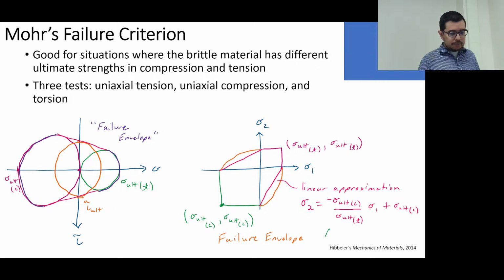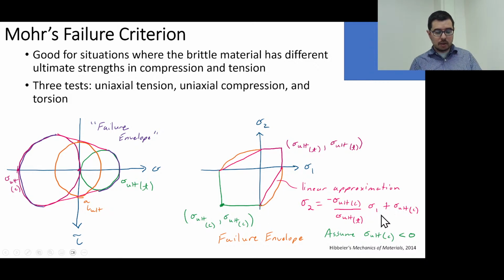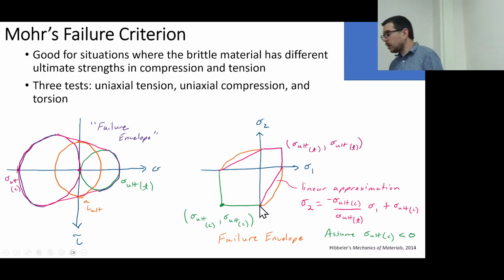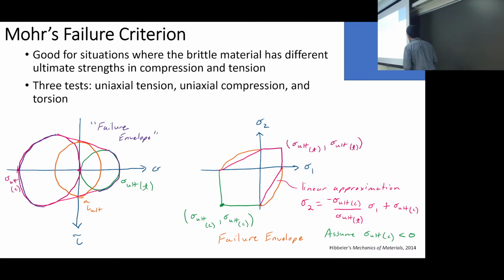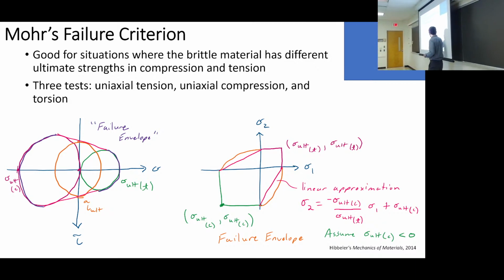If you have a linear approximation in these areas, we can figure out what the slope and the location of that line might be. So we start with the y-intercept. The y-intercept would be down here on the sigma 2 axis, where sigma ultimate C, assuming it is a negative value.